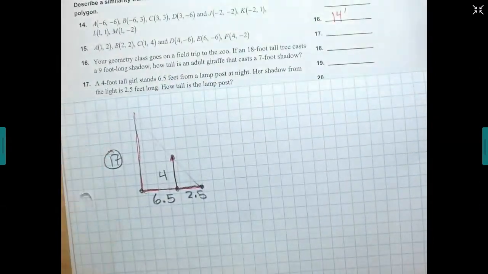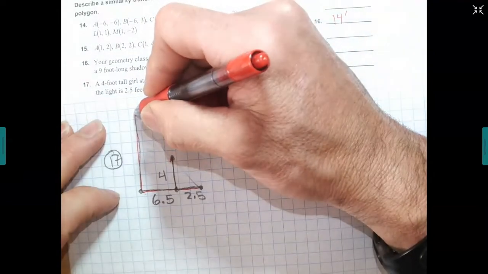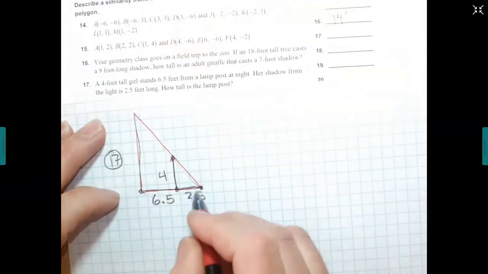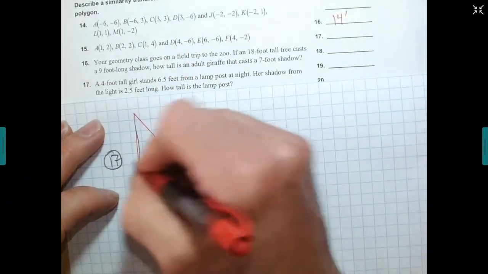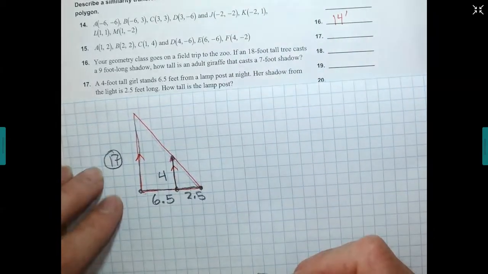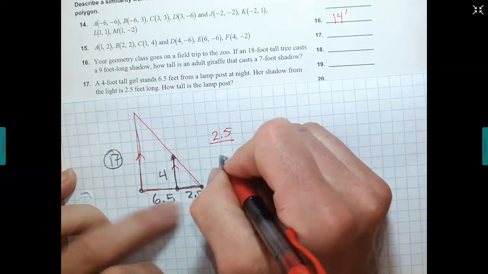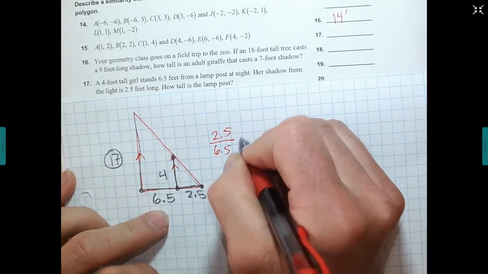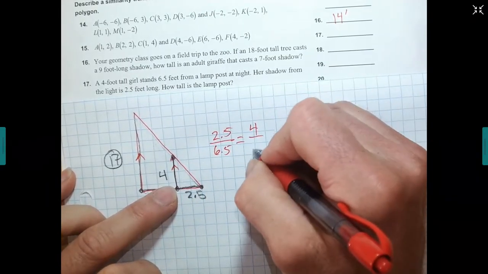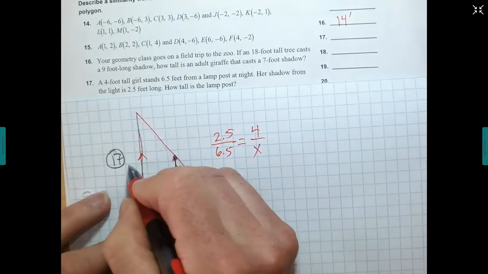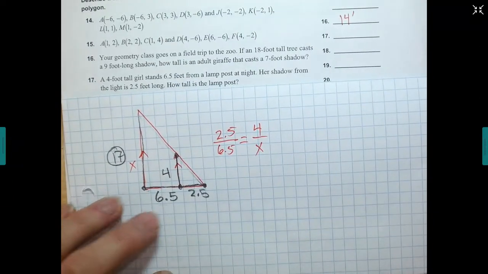Well, the cool thing is we just created this proportion. These are two parallel lines. So the small to the large equals the small to the large, which we don't know. We don't know what the large is.